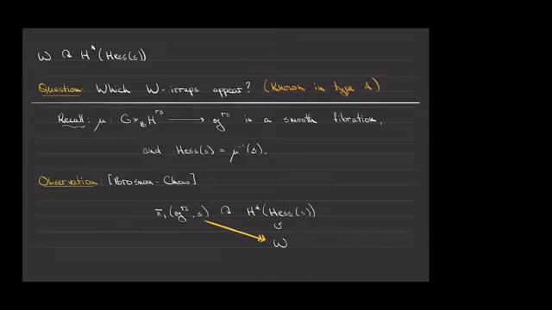And the Hessenberg variety of S is the fiber above S. So this means that I have a monodromy action of the fundamental group of the base on the cohomology of this fiber. And I also have this Tymoczko action.